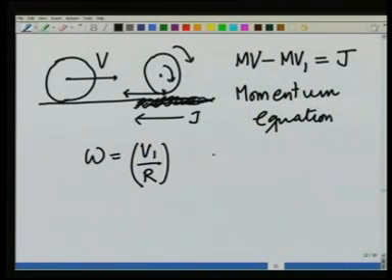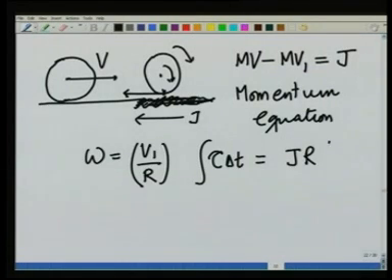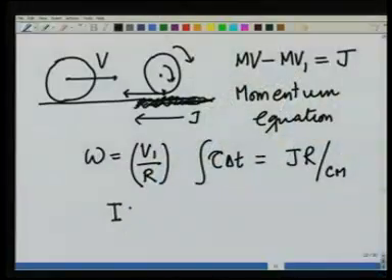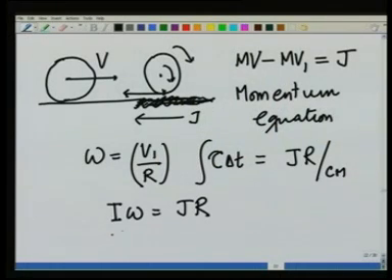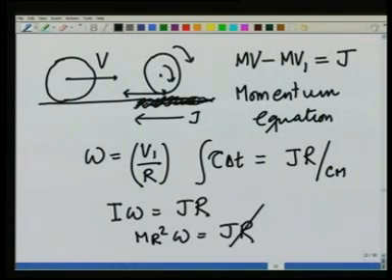So, the torque impulse it got is equal to J times r with respect to center of mass. So, the angular momentum it should obtain about the center of mass should be equal to J times r, and this tells you I omega, with I equal to m r square, is equal to J times r. r cancels, r times omega is v1.